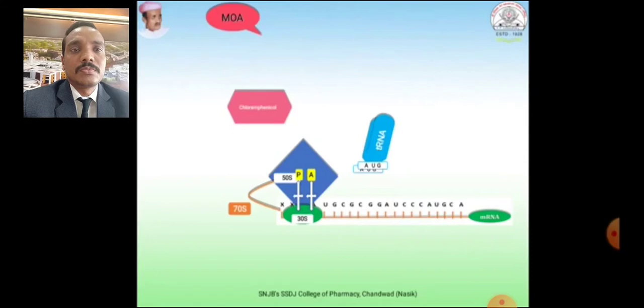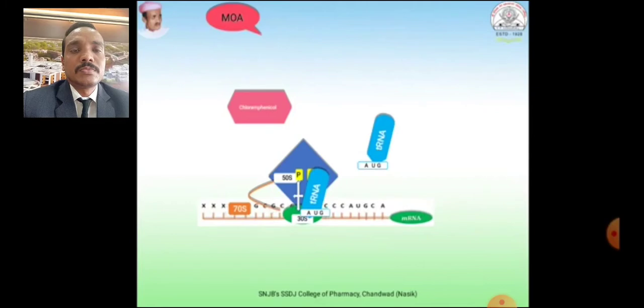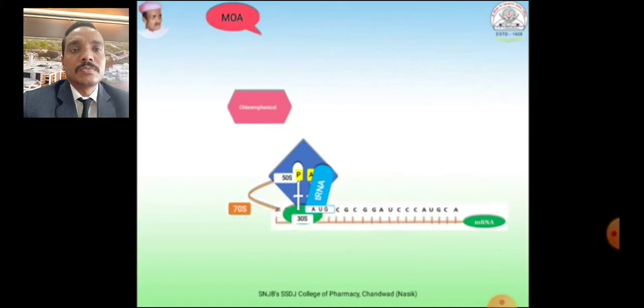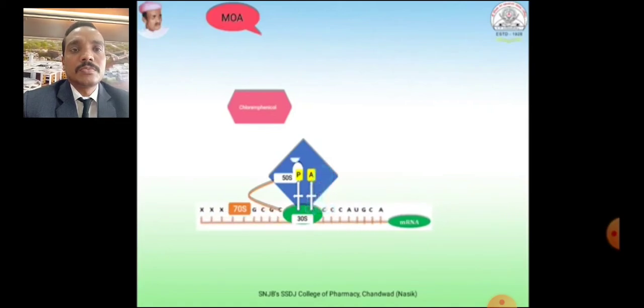The A site accepts the aminoacyl tRNA with its code, which coordinates with the code of messenger RNA and forms a peptide on the P site. This way the process goes on forming a new peptide by the combination of the code of aminoacyl tRNA and mRNA.